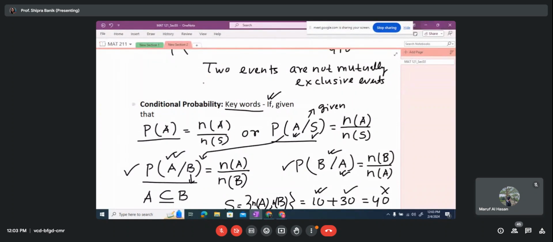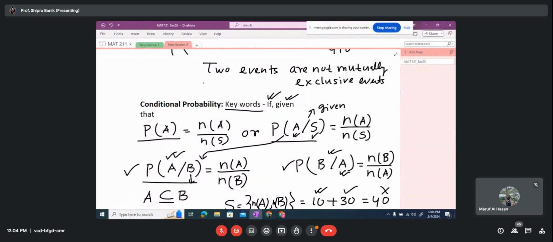Given is a condition, because if B is given, I can find A. If A is given, I can find B. So given is a very common notation. I used this sign here. We read this slash as 'given that': B is given, or A is given.